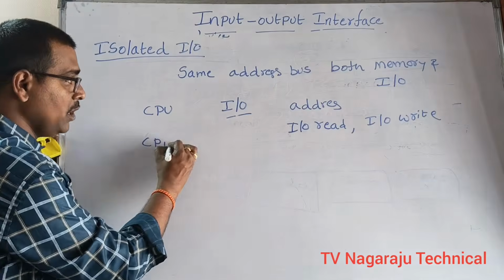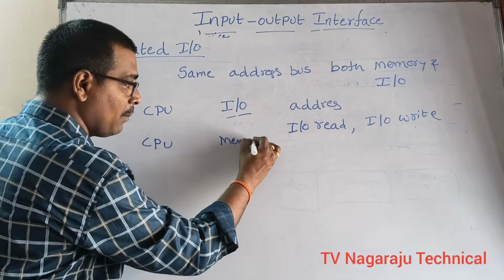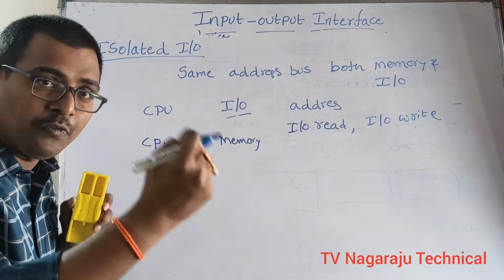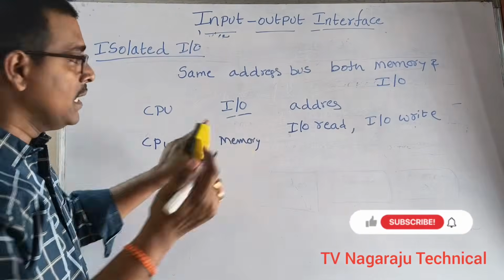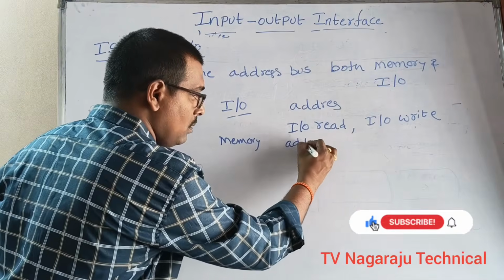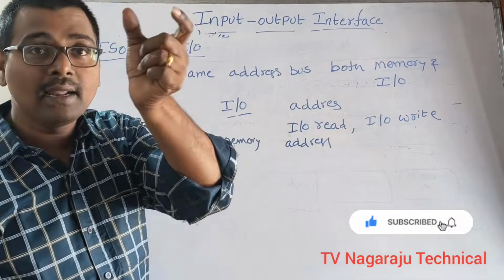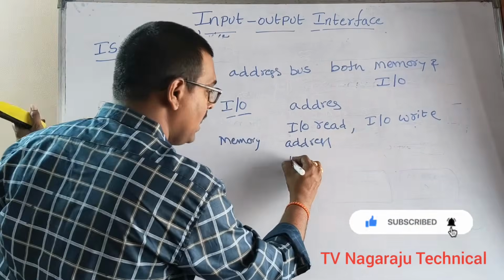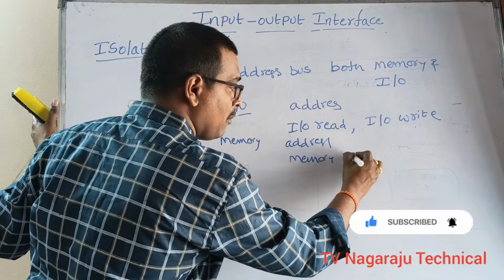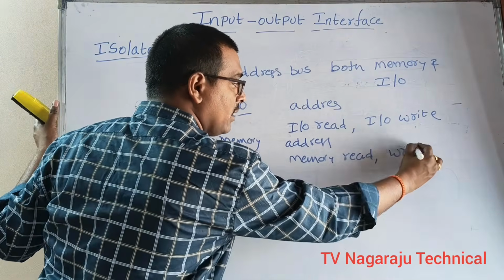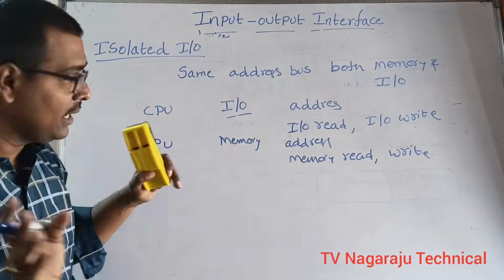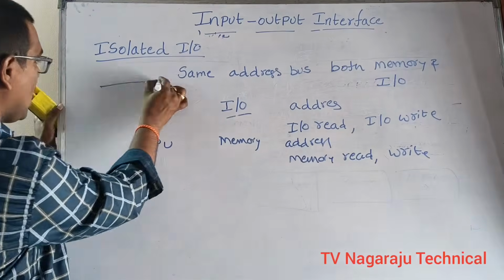Suppose the CPU wants to communicate with the memory, that is, if the CPU fetches a memory word, it places the memory address on the common address line and activates the memory read and memory write operation. You got the point? The same address, this is the common bus.